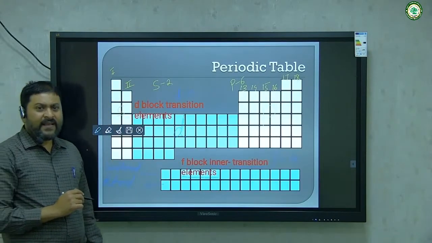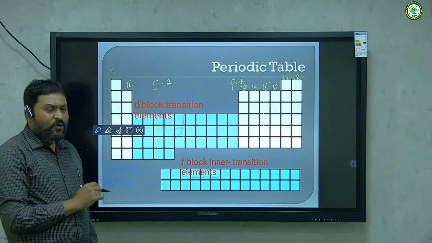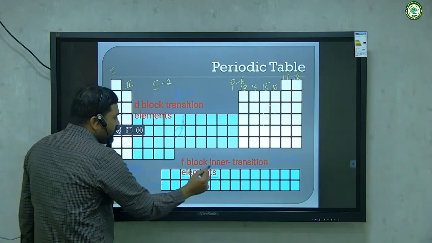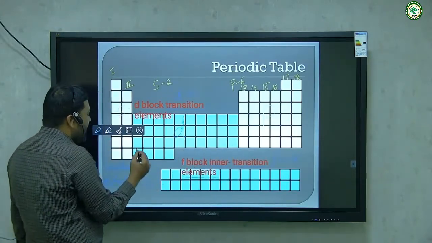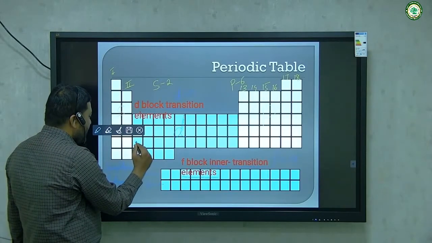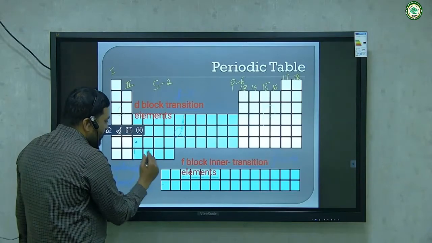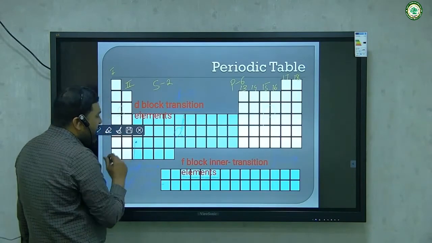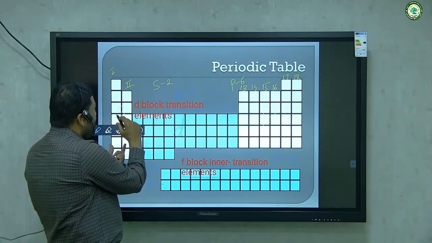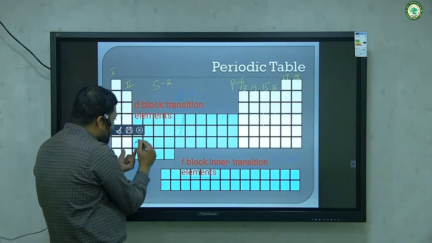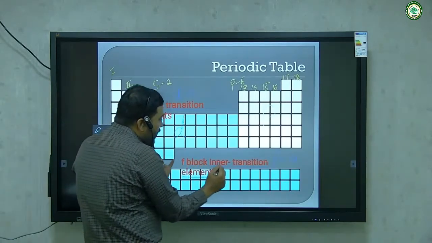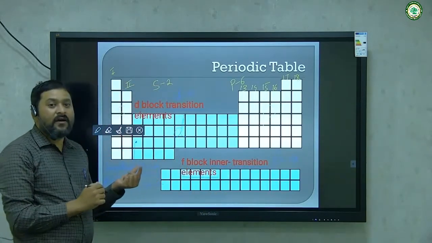Here the word inner transition refers to the actual position of this F block element, which is here, in between the electropositive S block and the D block. That's why the word inner transition is used here.